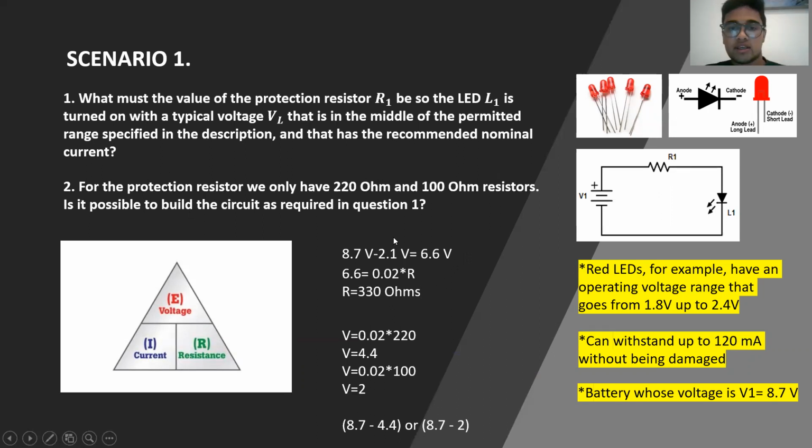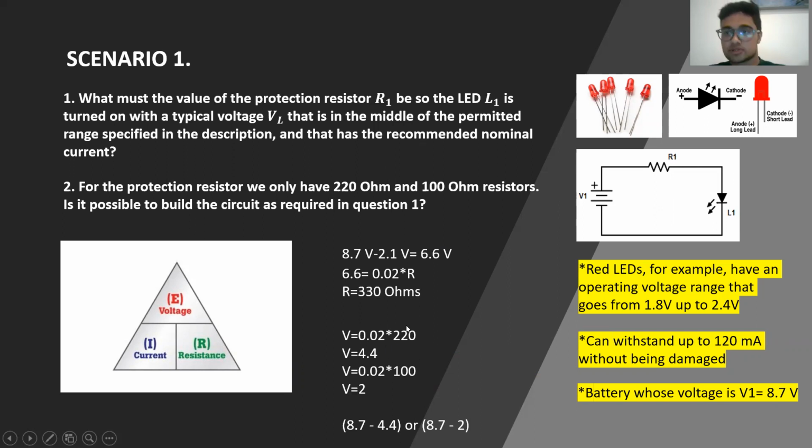Then they told us that there are only two values of resistors for R2, 220 and 100 ohms. First we need to know if the volts going through the circuit can be good for these resistors.